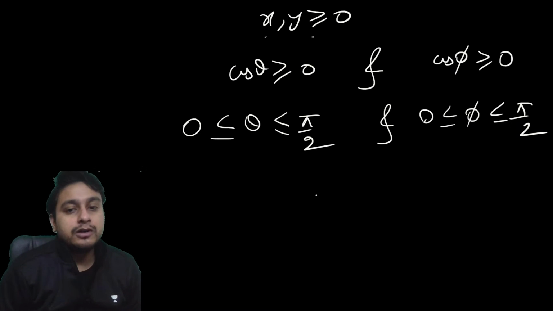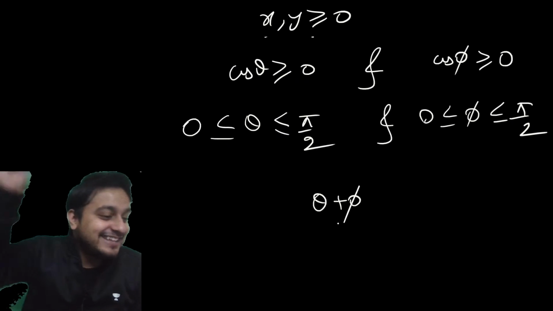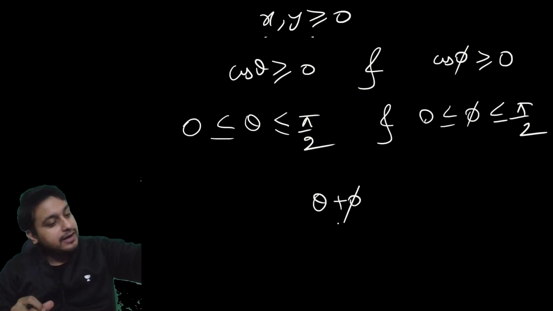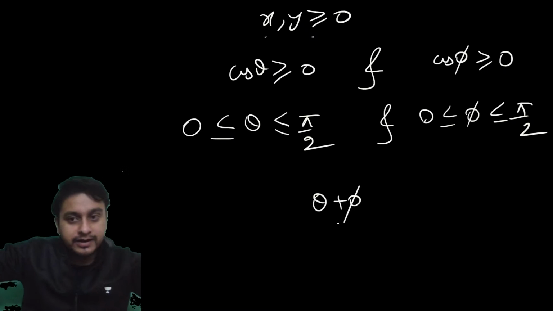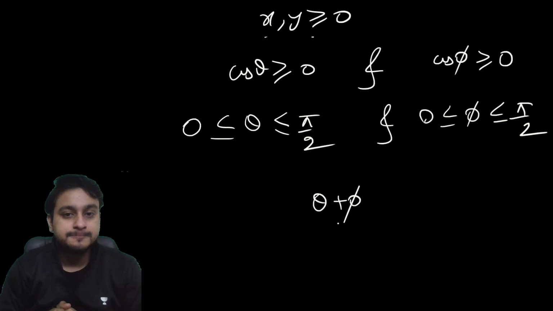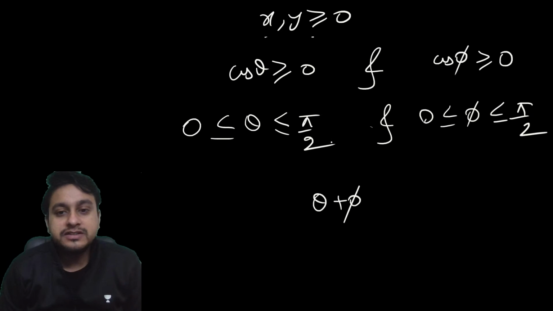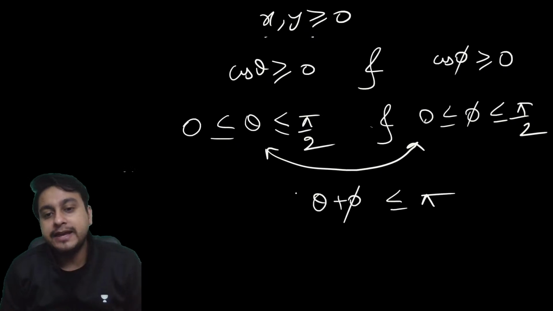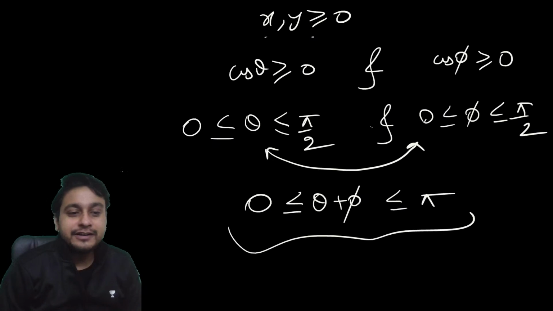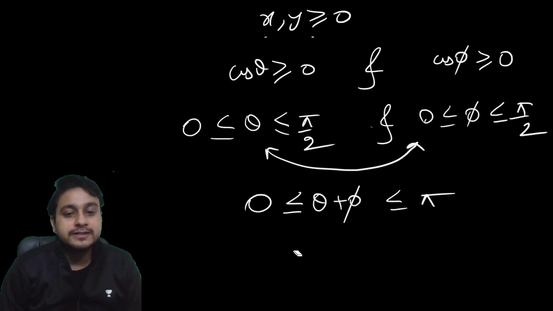Now you need to tell me what will be theta plus phi, right? I was saying that thing that time, right? Okay, guys. So if one number is between 0 and 90, and one number is between 0 and 90, what will be their sum? Add the equations, right? You just have to add both the equations. What will you get, guys? Between 0 and pi. That's it. And isn't this the favorite food of cos?